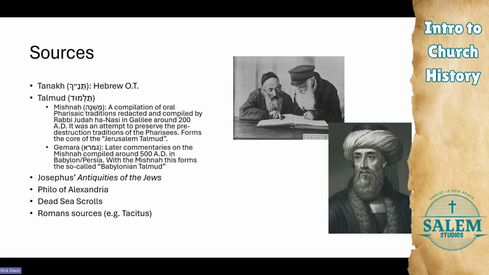The second part of the Talmud is the Gemara, from the Aramaic phrase gemar, which is to complete. And so it's the idea of the completing of the teachings or the sayings of the Mishnah. And so the first part of the Gemara with the Mishnah is the Jerusalem Talmud, since this was completed in the first few hundred years of the year of our Lord.